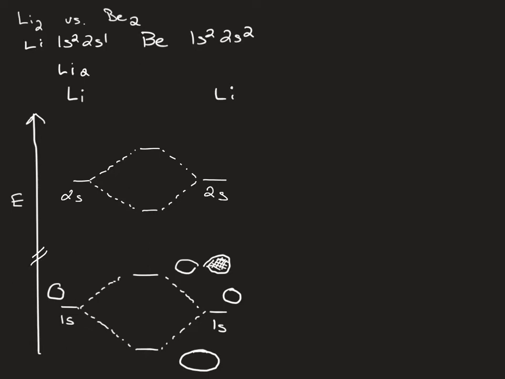So the 2s orbitals are spherical but larger than the 1s orbitals. They're not as compact. The resulting bonding combination is going to look like that. So it's going to be larger than the bonding combination for the 1s orbital. It's going to be spread out further from the nucleus, and the same with our antibonding combinations. Other than that, from the surface, they're going to look the same.